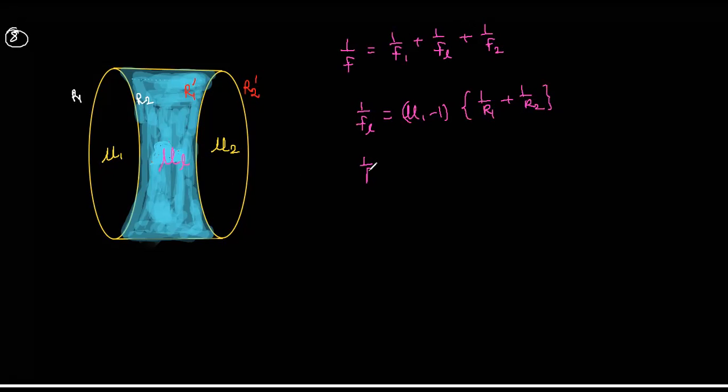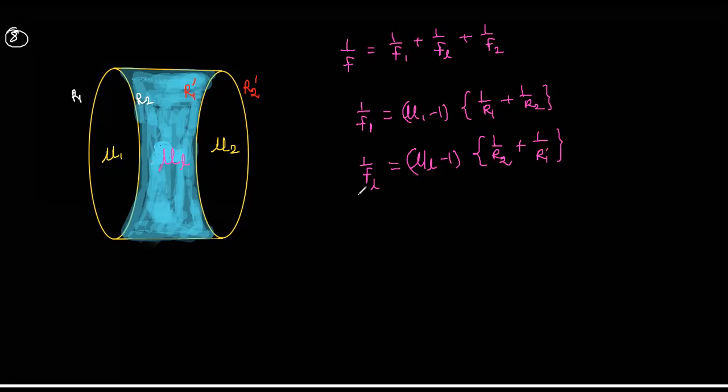This is for the first surface, so I'm keeping it here first. And this is for the liquid: (mu of liquid minus 1) into 1 by R2 plus 1 by R1 dash.